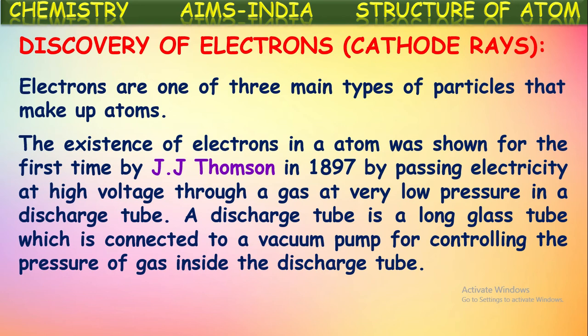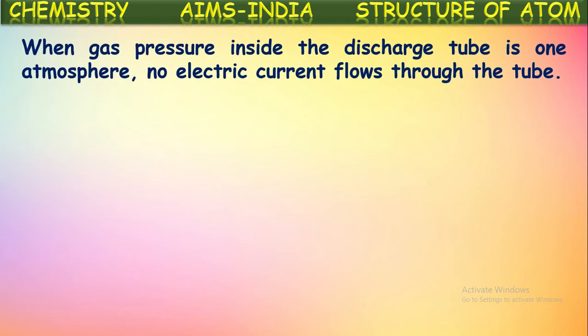The discharge tube is a long hard glass tube which is closed at both ends, and the pressure of the gas inside it is maintained at very low pressure by using a vacuum pump. When gas pressure inside the discharge tube is 1 atmosphere, no electric current flows through the tube.